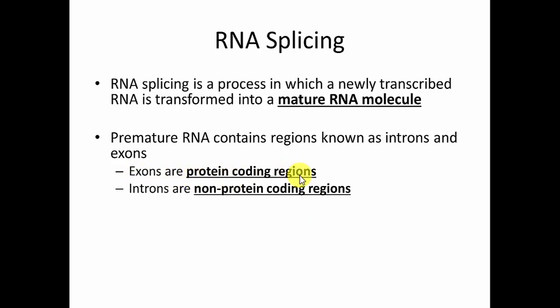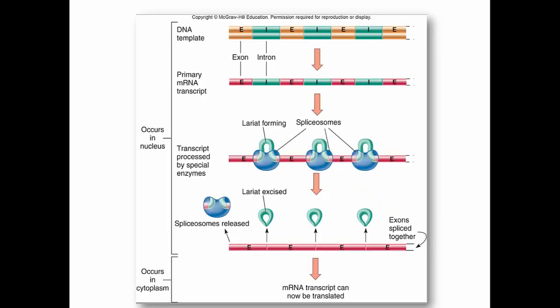Let me skip forward here real quick to the figure I had next. And what this shows us, we have our DNA template, we have our transcript, the messenger RNA. This is the premature form here. And within this premature RNA, we have regions of coding and non-coding sections.